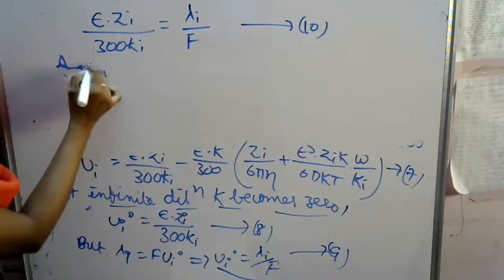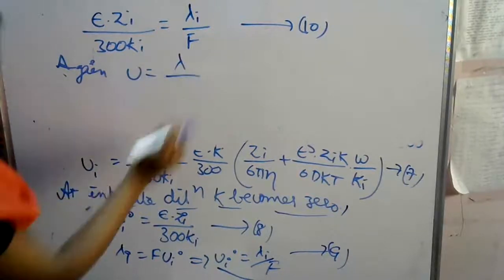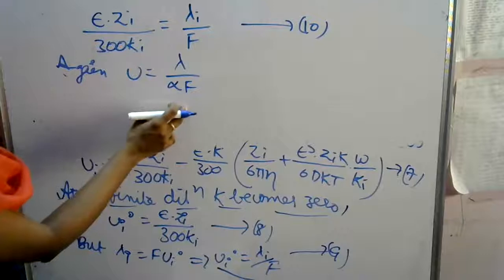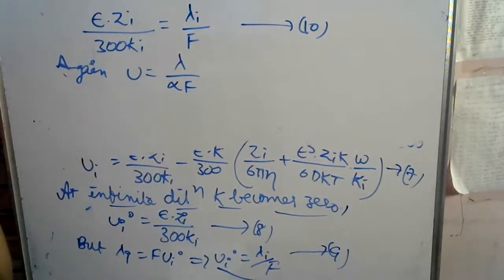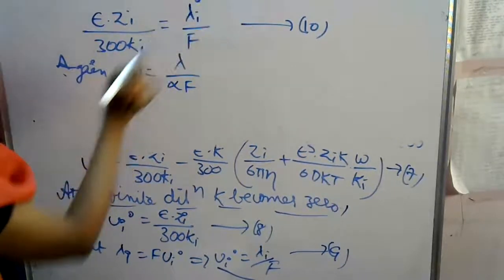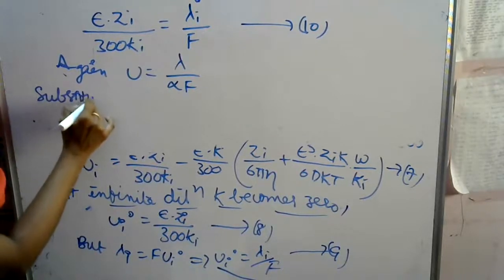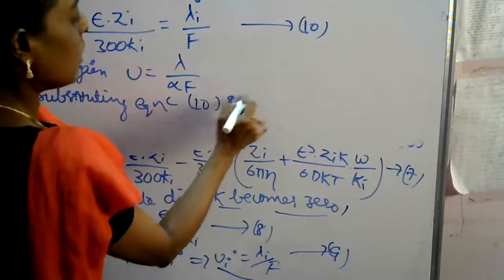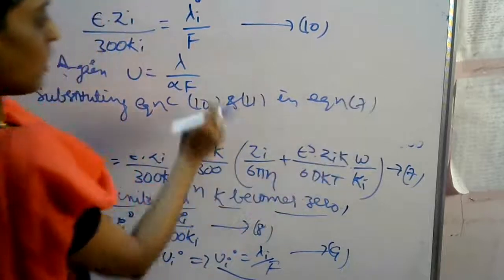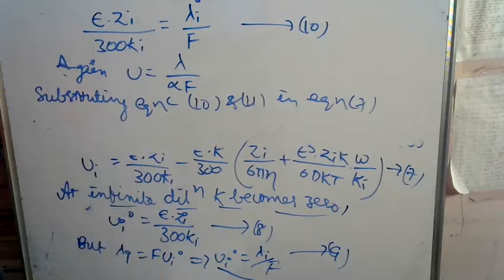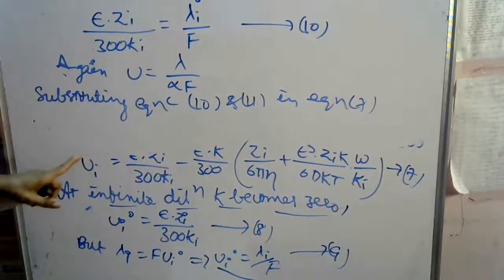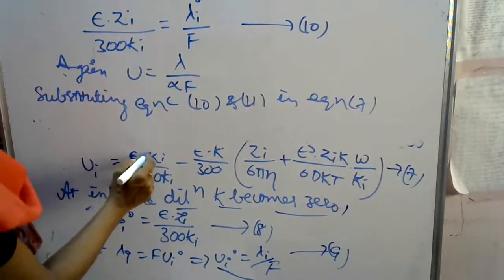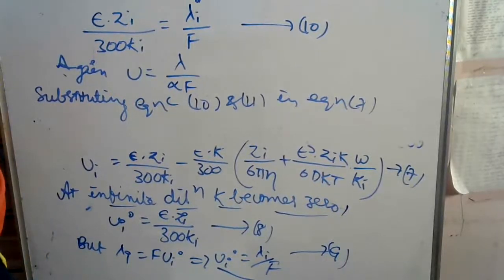Again we have to write U_i is equal to lambda_i by alpha F. Substituting equations 10 and 11 in equation 7, wherever you have U_i, we have to substitute this value, lambda_i by alpha F.